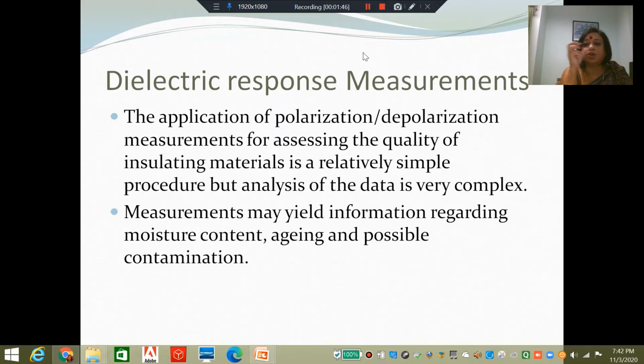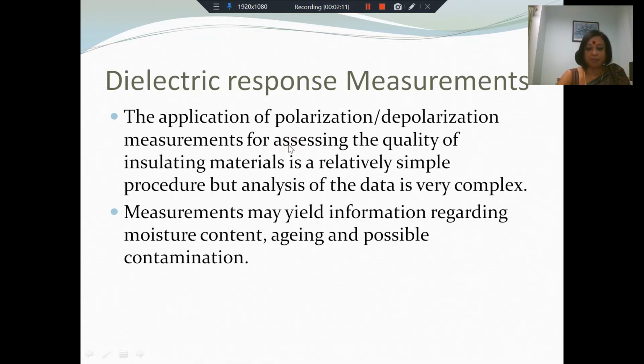So basically about the composition of the insulation, and most importantly about aging. When we are trying to monitor the health of an insulation, the material degrades, and the polarization and the depolarization mechanisms change as degradation due to aging occurs within the material, and therefore these can be used as aging markers, and we are going to discuss how that happens.